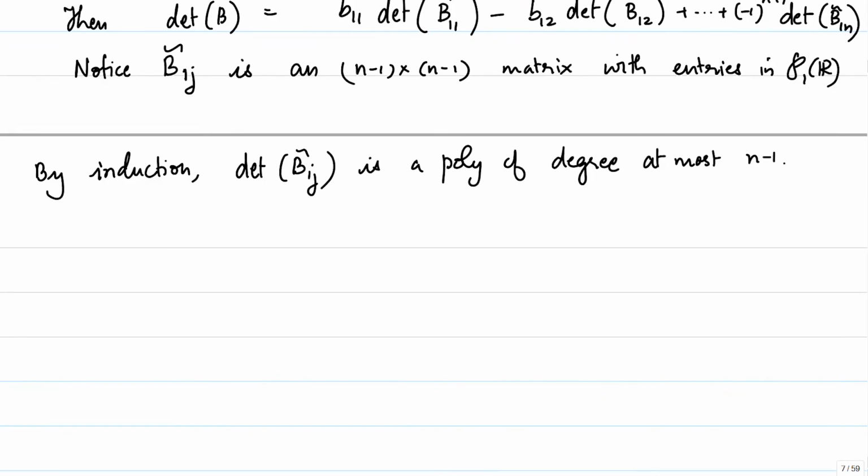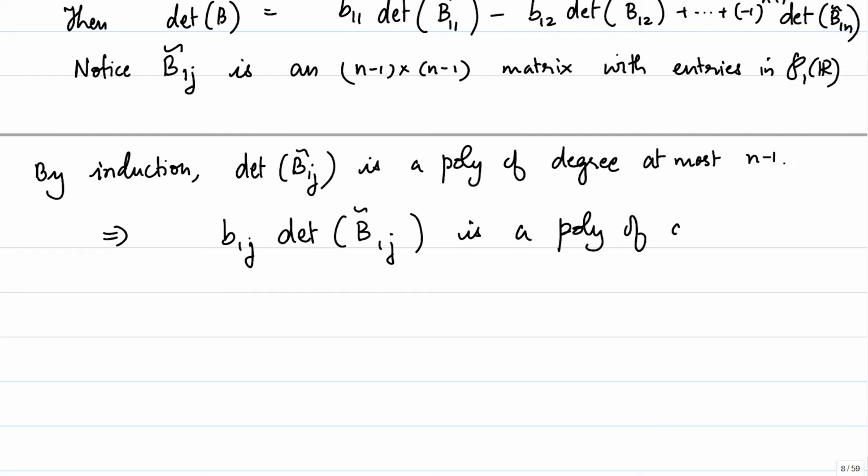It is in Pn minus 1 of R. That implies that B1j times the determinant of B1j tilde is a polynomial of degree at most n.